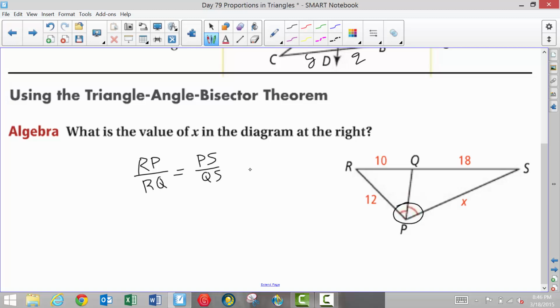Because I have angle bisectors. So r to p, I have 12 over 10, and then I have x over 18. So I have 10x equals 12 times 18, 216, divided by 10, x is equal to 21.6.